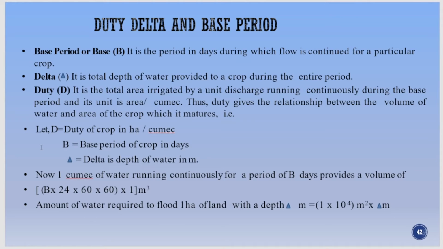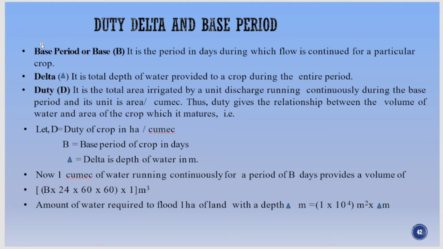By understanding these three terminologies, we'll try to create a relationship between them. First let us understand the relationship existing between duty, delta and base period. Now imagine I am supplying 1 cumec of water continuously for a period of b days.